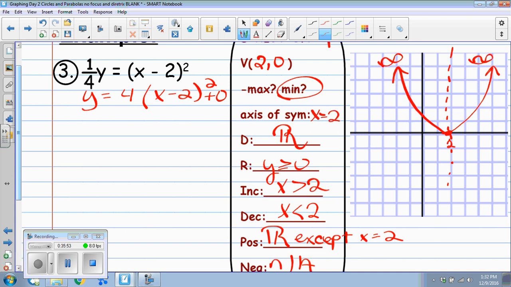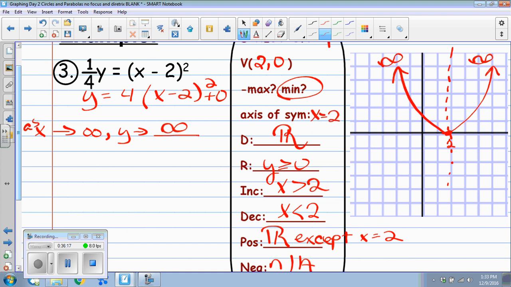So my end behavior, now this problem didn't ask, but if it did, the problem would look like this. As x approaches infinity, now it might say y, or it might say f of x. Those are the same thing. They're interchangeable, right? Y approaches what? And your answer would be infinity.